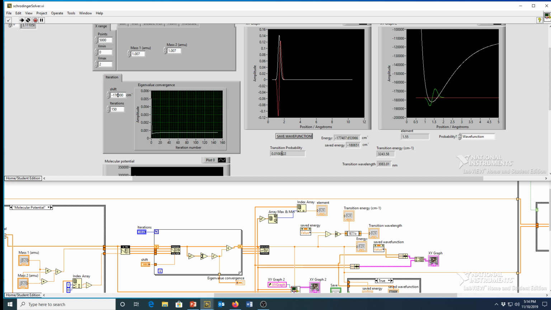So for a harmonic oscillator, the selection rule is a hard delta V must change by plus or minus 1. However, for a real molecule, since this potential is not actually symmetric, that selection rule is relaxed, and you do get non-zero transition probabilities for delta V's larger than 1.